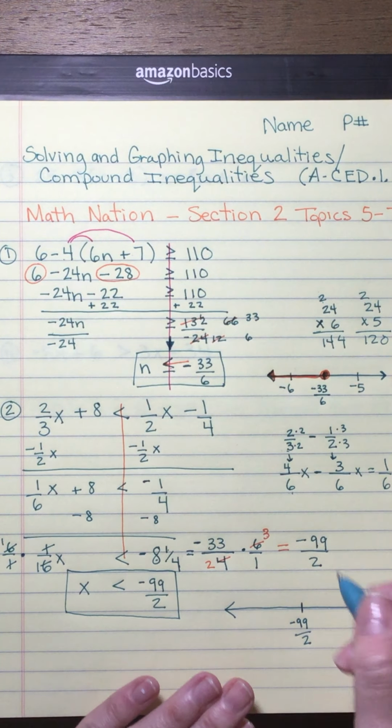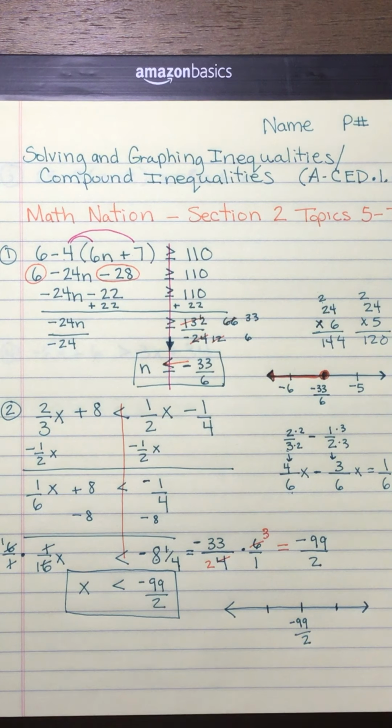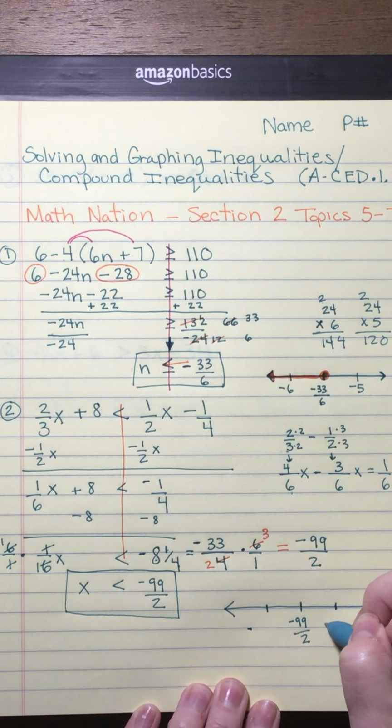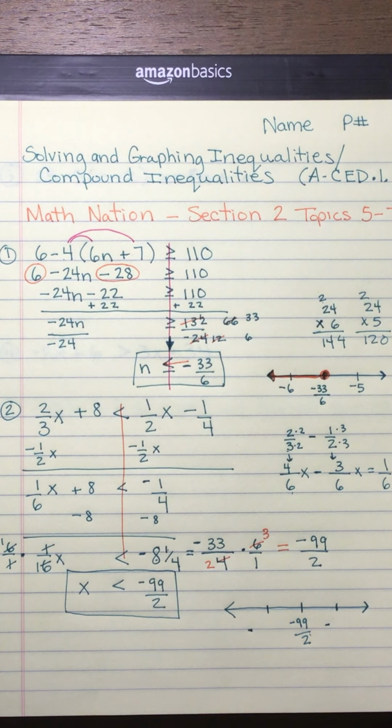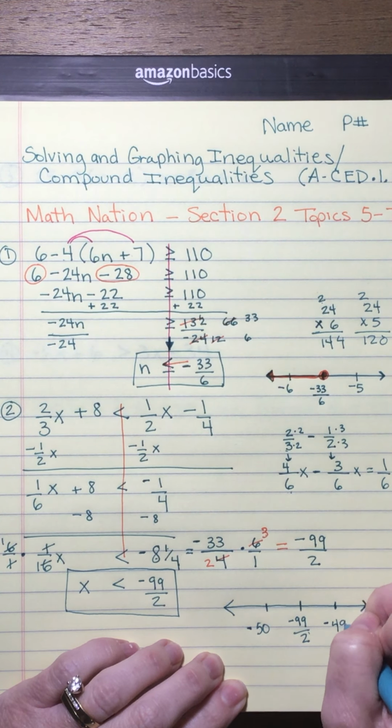Okay. So again, I want to have two whole numbers since this is a fraction, so let's think about this. Have a negative number here and a negative number here. 2 goes into 100 50 times. And so it's not 100, so it's going to fall between 50 and 49, and negative 50 is smaller than negative 49.